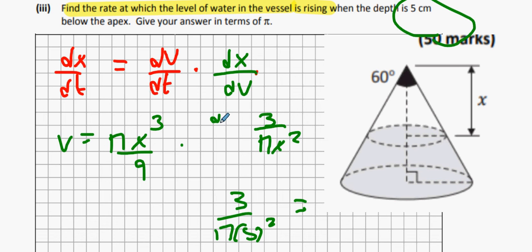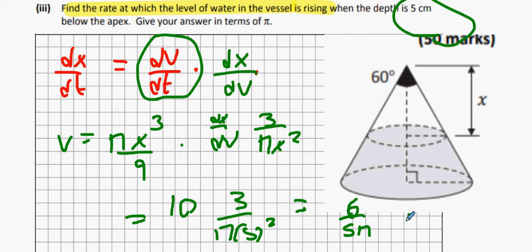Sorry, that's what I got for dx dV, wasn't it? What did we say the dV dt was again? 10. dx dV is 3 over pi x squared, which is 3 over pi 5 squared, and times 10 that's 6 over 5 pi centimeters per second, okay?